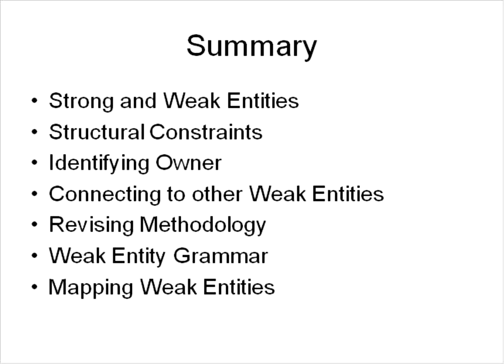So the employee ID from the employee table is taken and included in the dependent table, and notice that it is fully underlined in addition to the D-name attribute or the partial key of the dependent table. And so the primary key of the dependent, the weak entity, becomes employee ID, comma, D-name, which is the key of the owner plus its own key becomes the primary key of the weak entity.